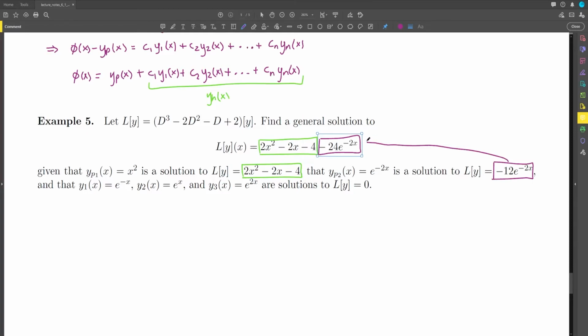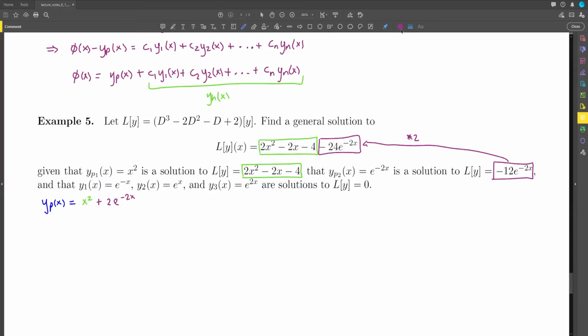So our particular solution is given by the linear combination of those two. So it's x squared plus 2e to the power negative 2x. Those two together take care of that non-homogeneous part.